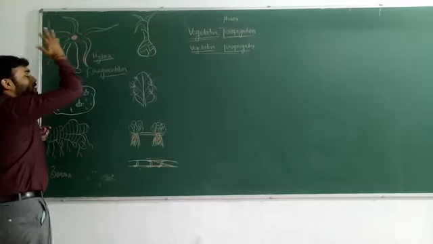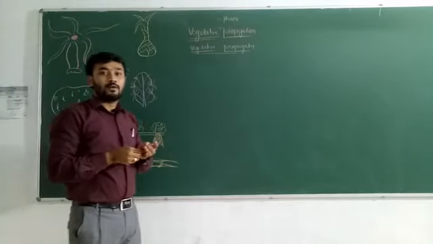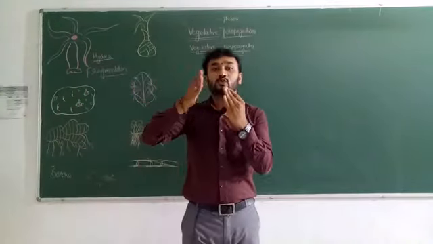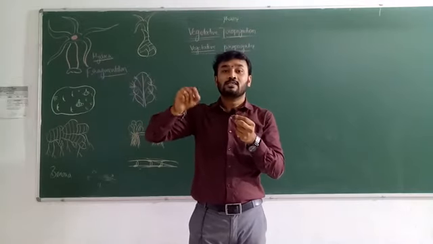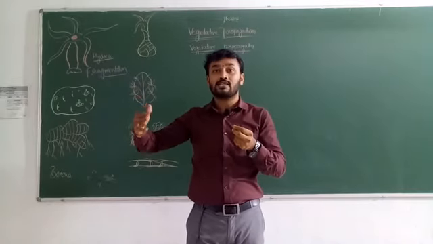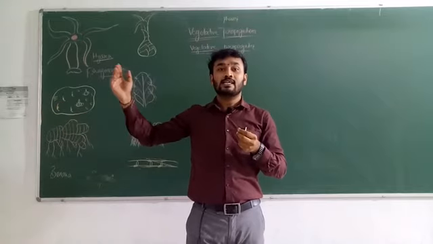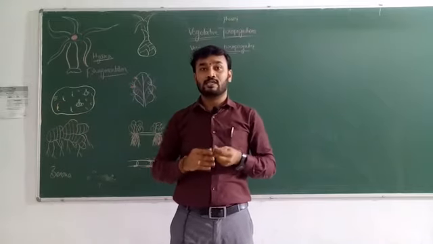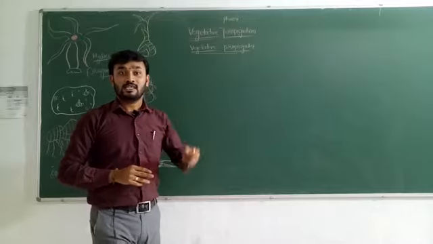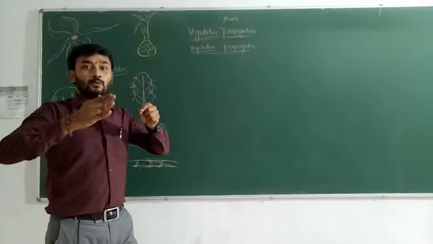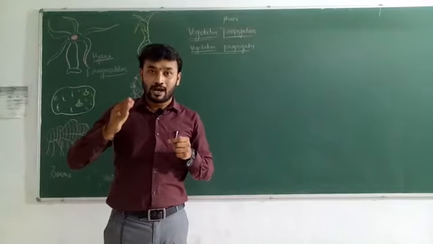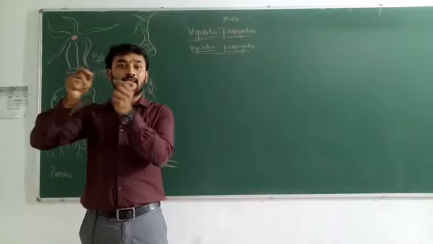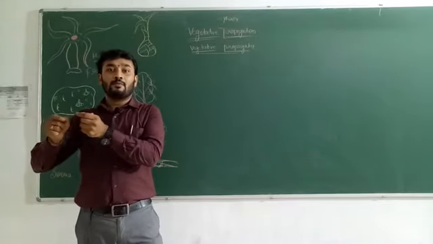If fragmentation takes place, the parent body is cut into small pieces and each piece has the capacity to develop as a new individual. Such a mode of reproduction is fragmentation. The body gets divided into small pieces or fragments, and those fragments are capable of developing as a new individual.